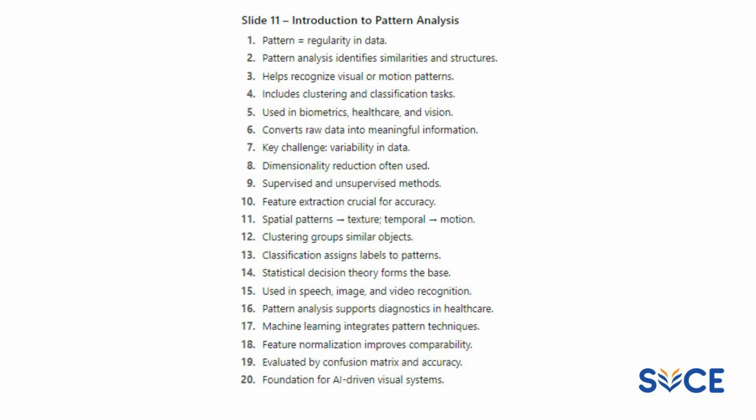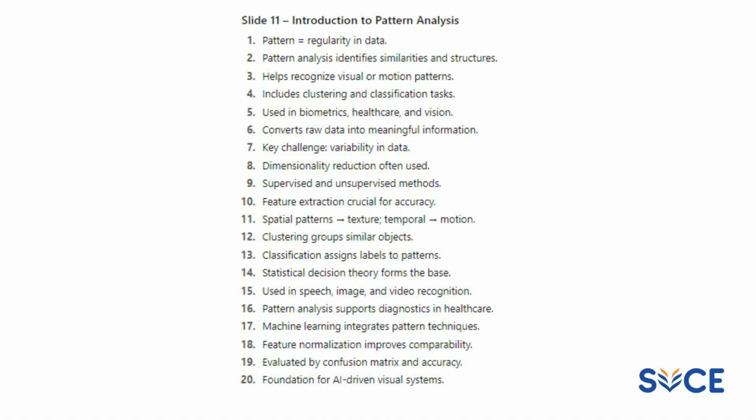There are two machine learning methods, supervised and unsupervised, used in this. Feature extraction is crucial for accuracy. The spatial patterns relate to textures, and the temporal to motions. So here clustering groups similar objects and classification assigns labels to the patterns, and statistical decision theory forms the base.